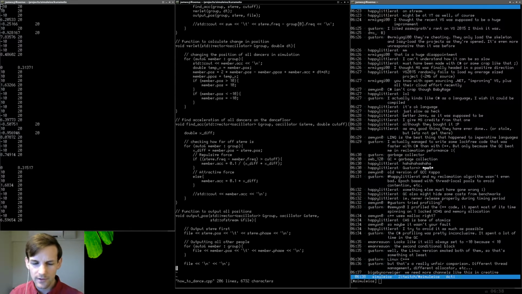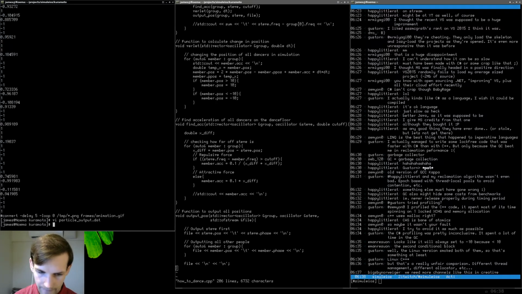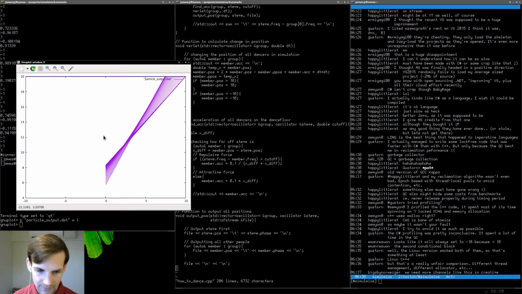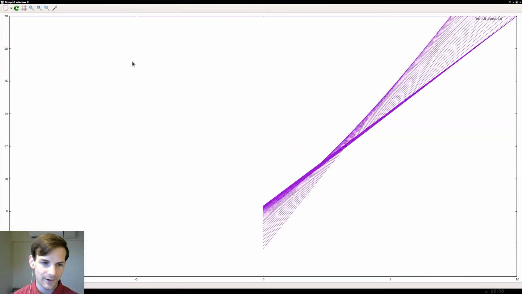I'm just going to open up new plot and see what happens real quick. So let me do new plot, and let's plot particle data with lines. Okay, that doesn't quite look like how I was hoping it to. What are we actually looking at here? It looks like 20. Oh, okay.